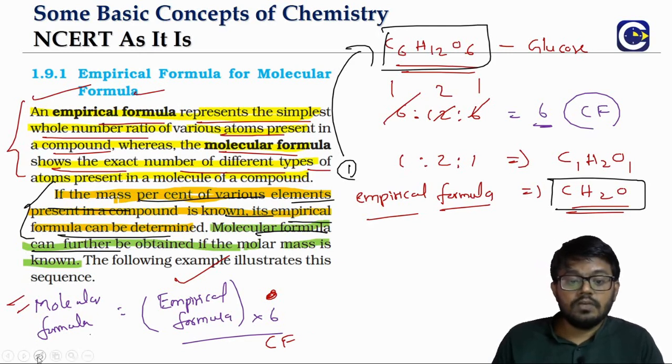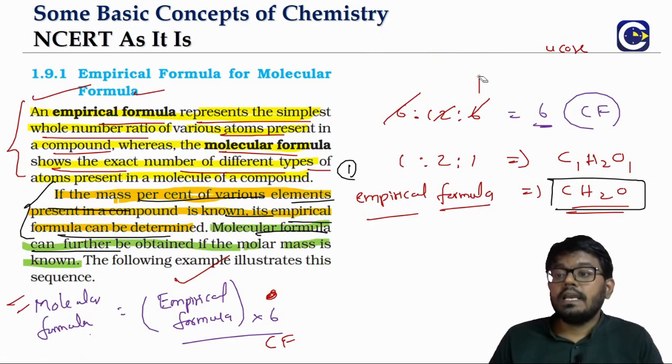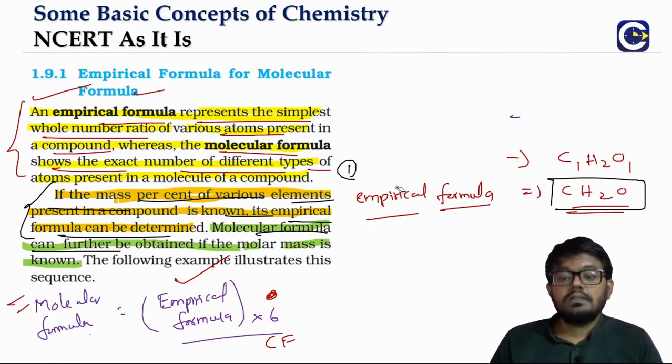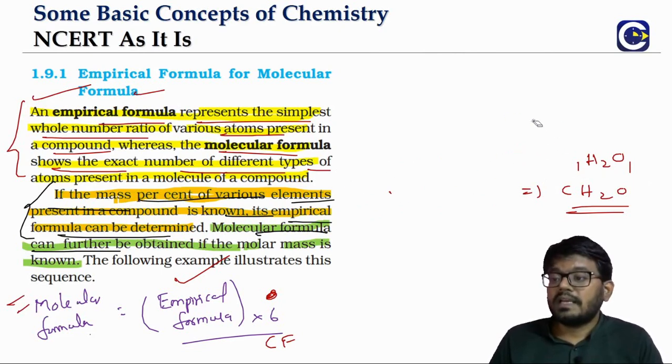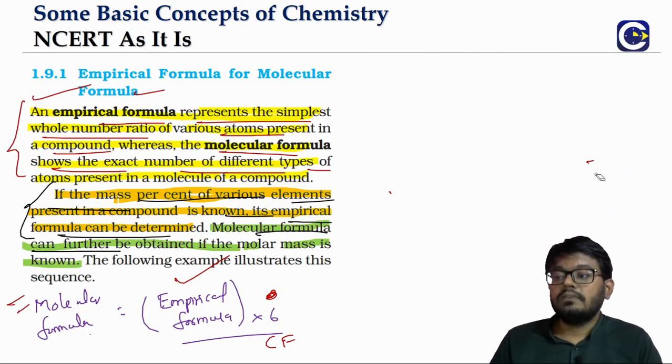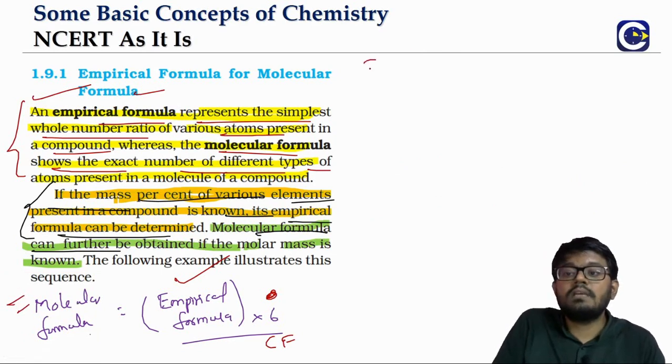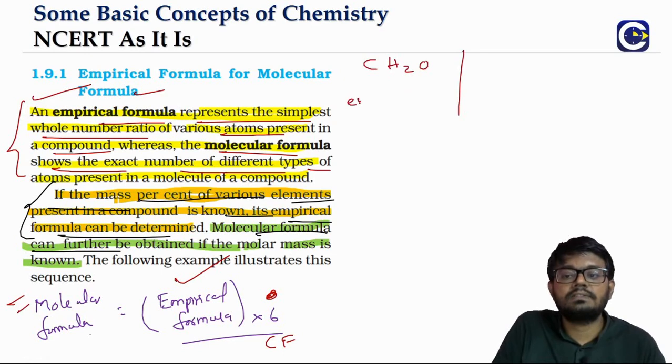The common factor will be found by using the relation between the molar mass and the empirical mass. How? We will just see. The empirical formula for glucose is CH2O. If I ask you for the empirical mass, we have to give a mass based on this formula.